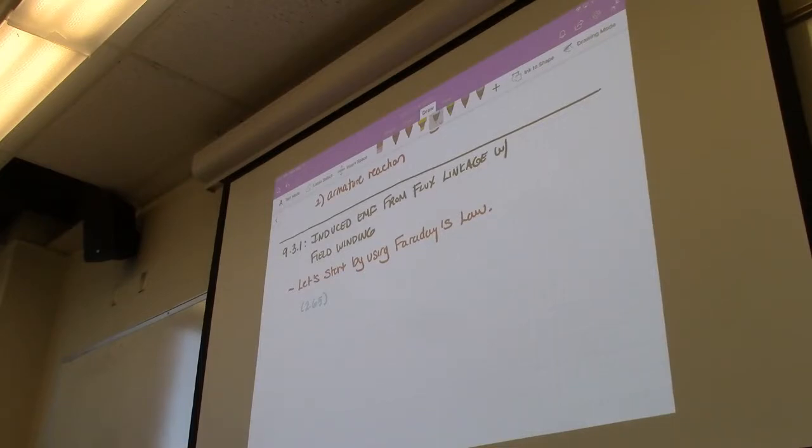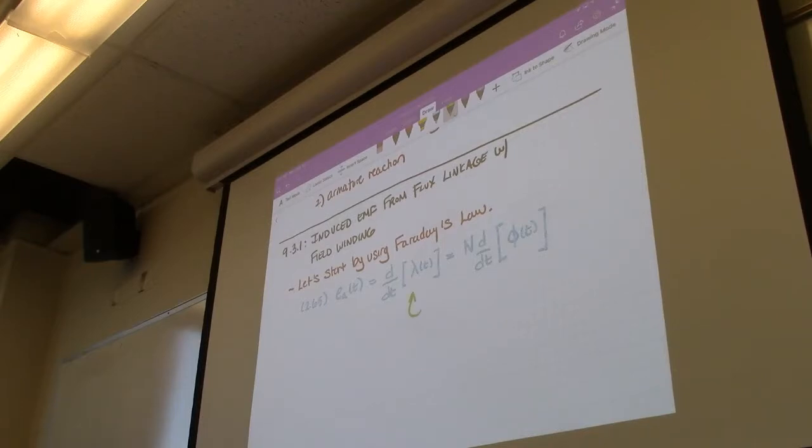Okay, so equation 265 from the textbook. We know that EA of t will be equal to the derivative in time of the flux linkage as it changes. That's also equal to, with some substitutions because we can pull out the number of turns, the change in flux with respect to time.